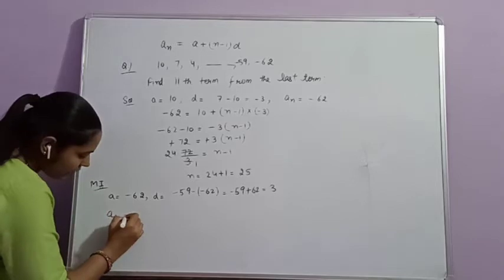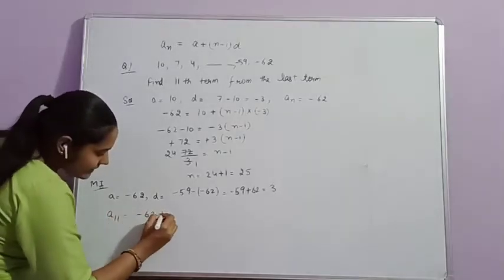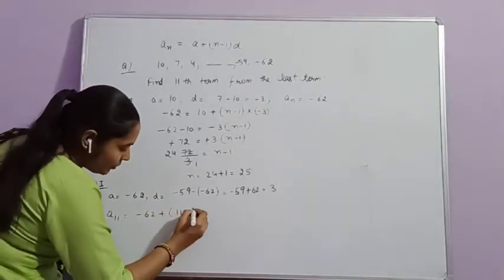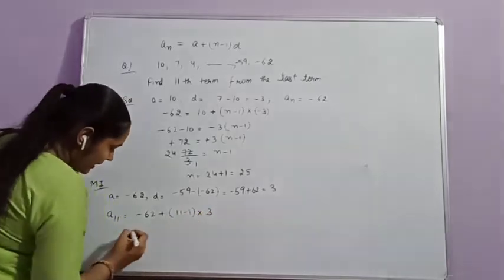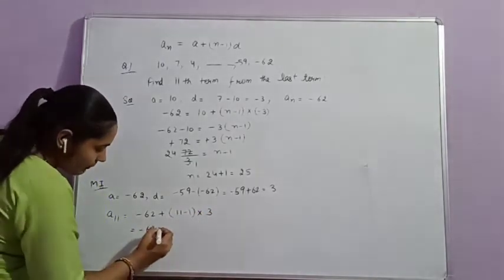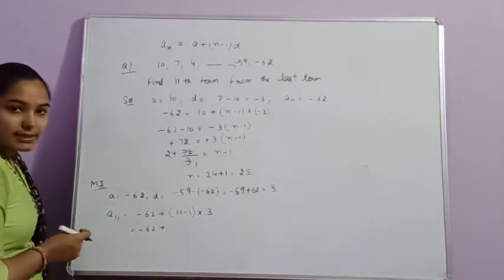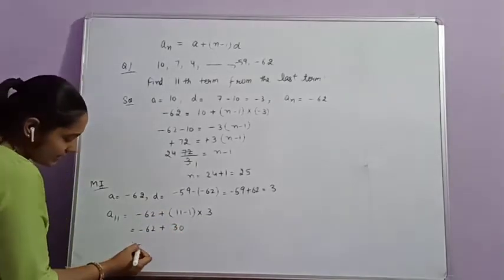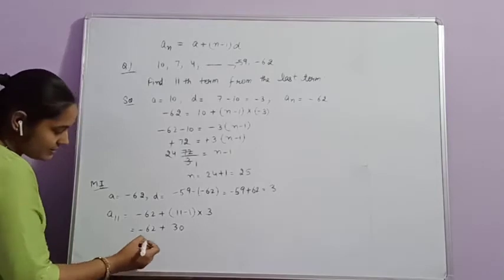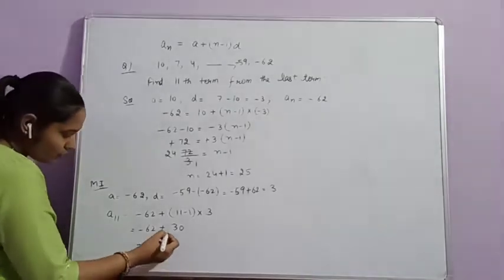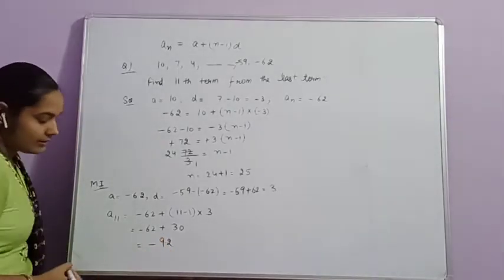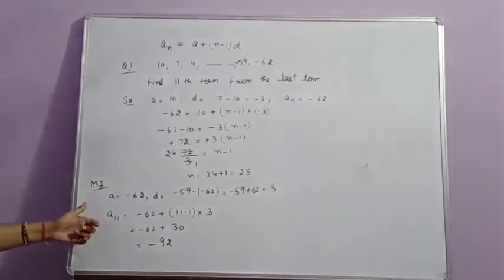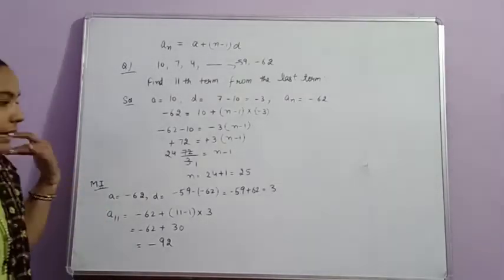Then an is equal to a plus n minus 1 into d, that is equal to minus 62 plus 11 minus 1, that is 10, 10 multiplied by 3 is 30, so minus 62 plus 30 is equal to minus 32. Clear? That will be the 11th term from the last.